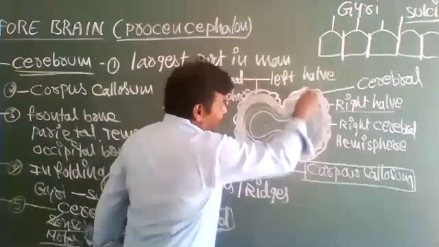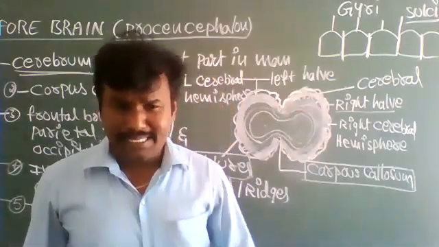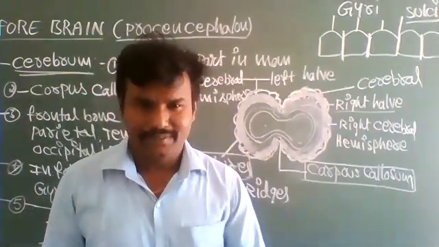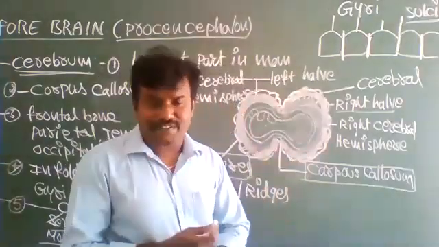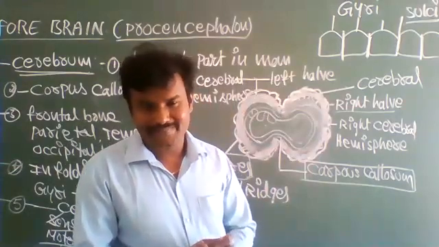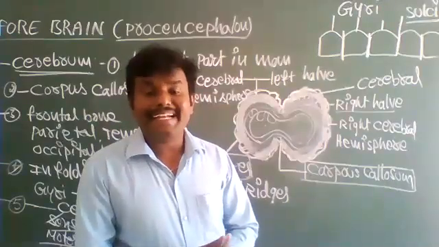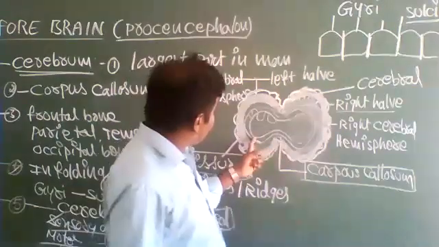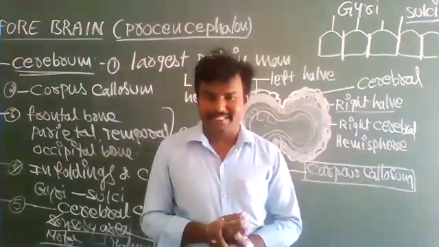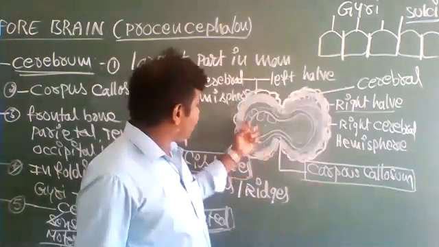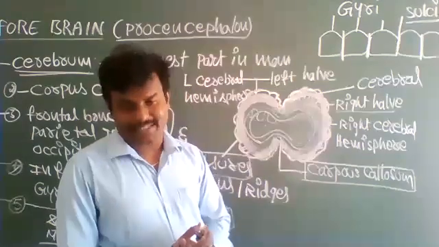Next, the deeper areas, the inner part of the cerebrum, look white in color. Why? In this region, bundles of axons are present, and those axons are covered by the myelin sheath. Therefore, this region looks white in appearance. It is an opaque structure.